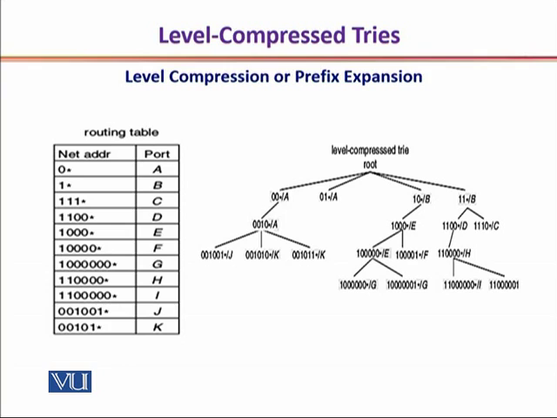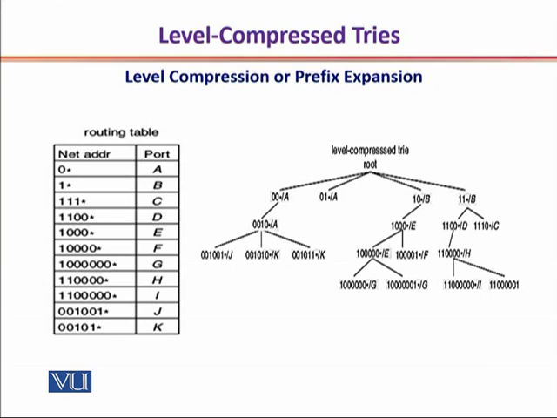For the same routing table that we saw earlier, the deviation is this: in this tree, let's look at the leftmost branch. We have 00* and 01*. What does it mean? It means that we have grouped them at the same tree level, and both of these are represented by an entry A, whereas in the routing table it was represented as 0*, which was an A. Let's look at another one.